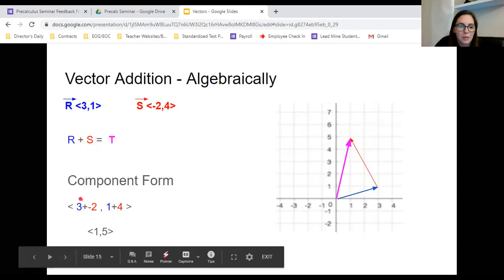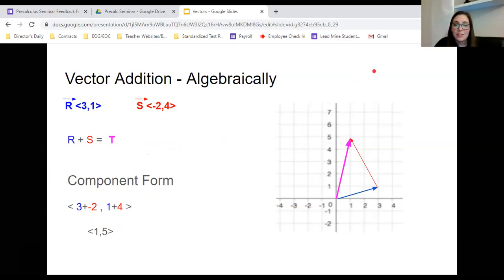I've got my x component here, my y component here. And s, I have -2, 4. So I'm going to have 3 plus -2 to give me 1, and 1 plus 4 to give me 5. End up with the same vector 1, 5 in component form. All right, so that's vector addition.